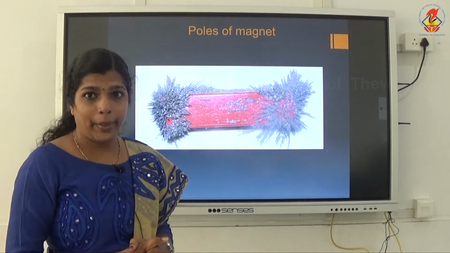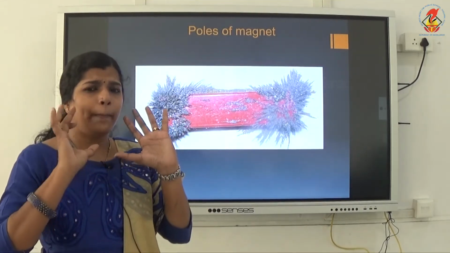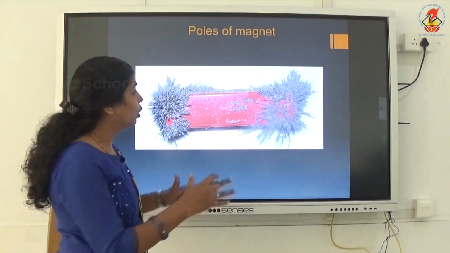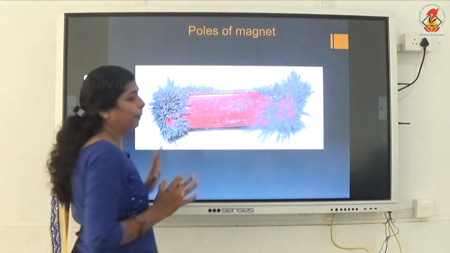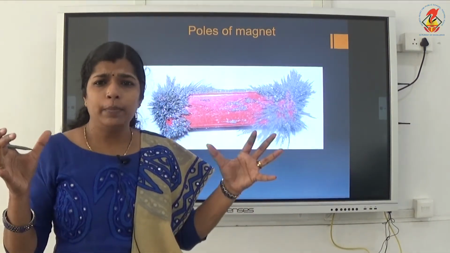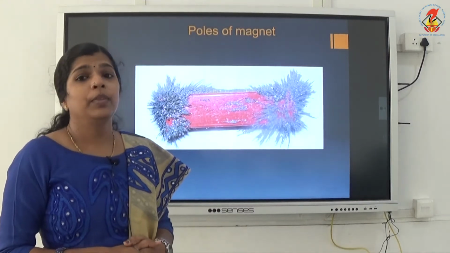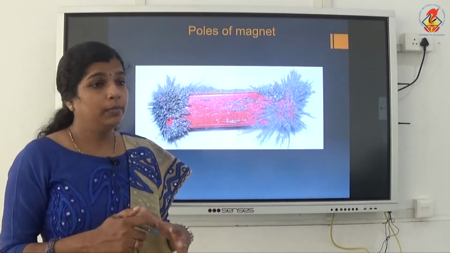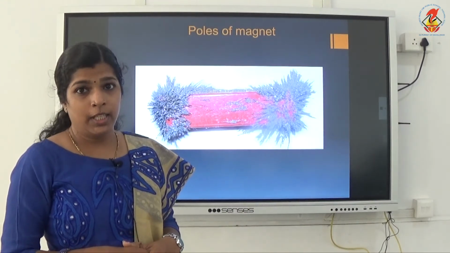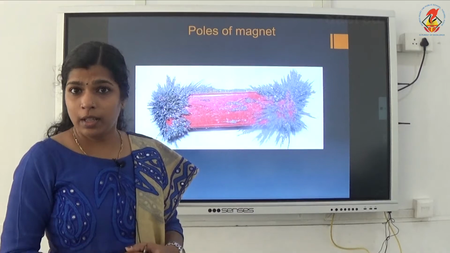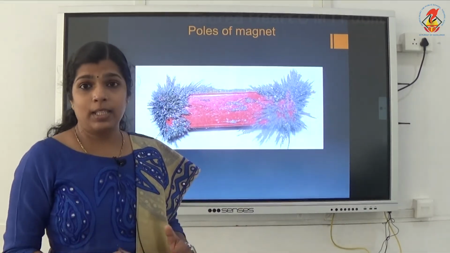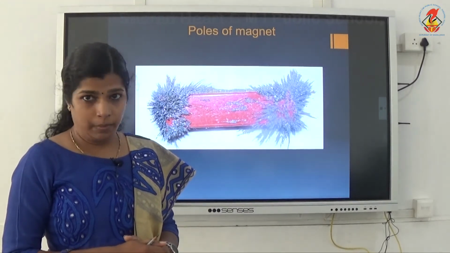Maximum iron powder will be attracted towards the two sides of the magnet, that means the two poles of the magnet. So the force of attraction will be maximum at the poles of the magnet.